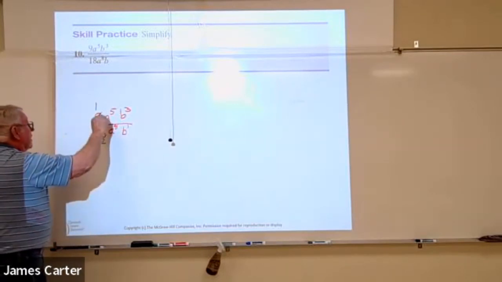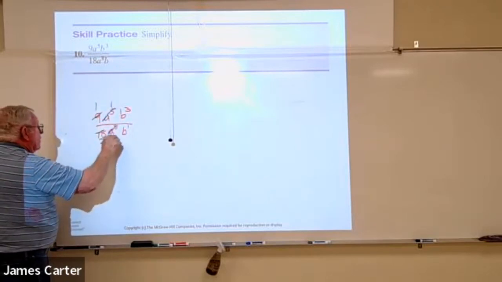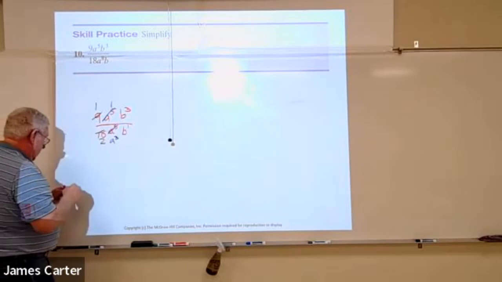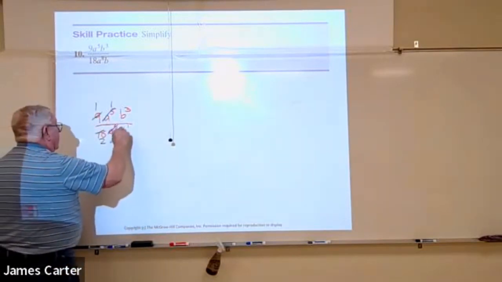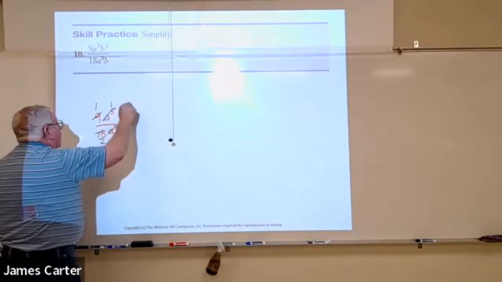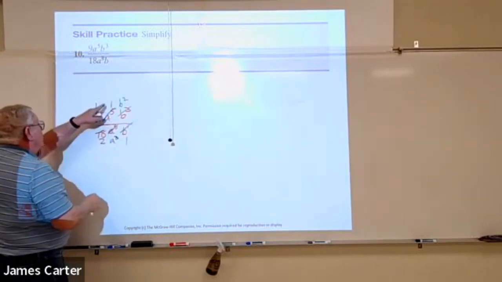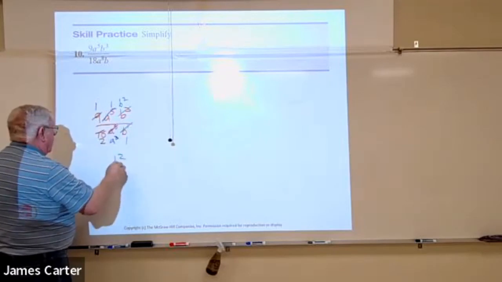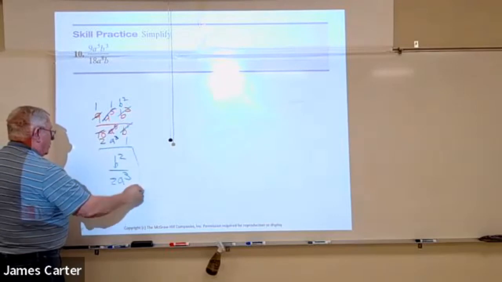Considering the A's, I'm going to use up all 5 of these, and I've got A to the 3rd left. For the B's, I'm going to use up this one, and I'll have B to the 2nd left. So my answer then is B squared over 2A cubed.